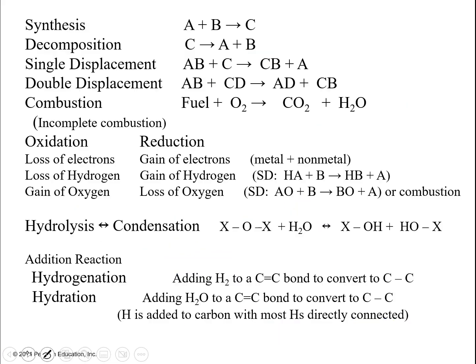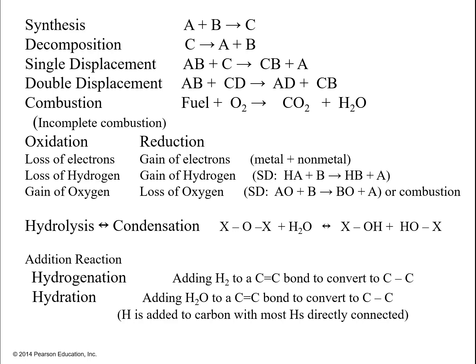Okay? So here, this is kind of a little cheat sheet, I guess, that you might find helpful. I broke them down, which one's which. So you might find it's the last slide. And it tells you the 4 synthesis, decomposition, single and double displacement, how they're swapping partners or what they're doing.